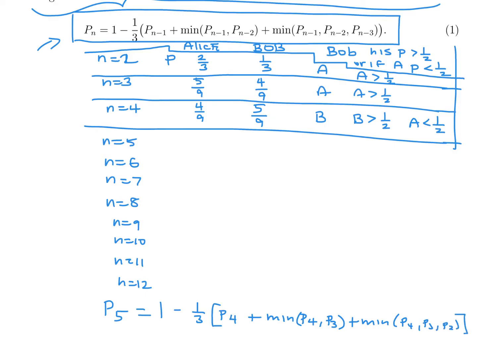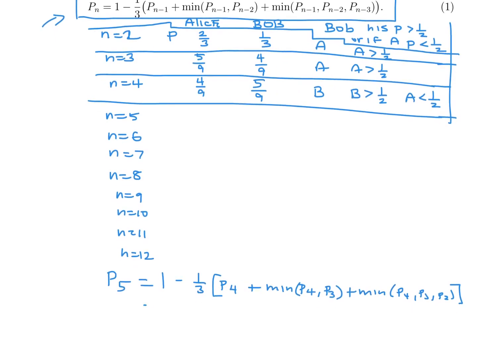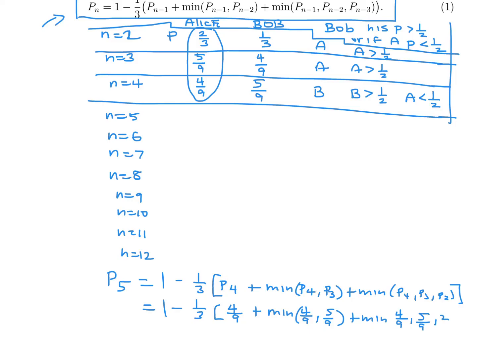Okay. So that looks like 1 minus 1/3. P4 is, we're just looking at these values because we're going to calculate them for Alice, and then Bob would just be the complement. So that would be P4 is 4 over 9, plus the min of P4, which is 4 over 9, and P3, which is 5 over 9. And then plus the min of 4 over 9, 5 over 9, and 2 over 3.